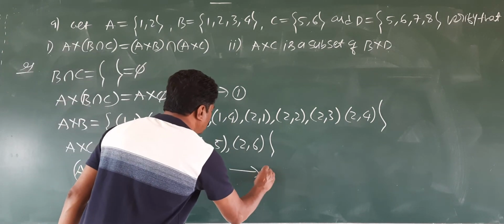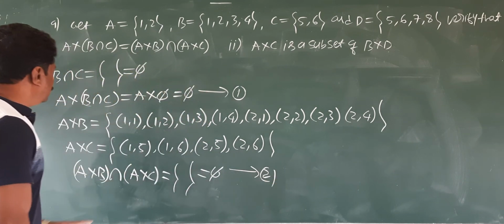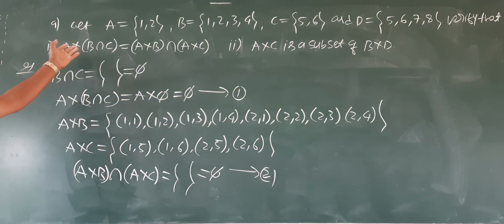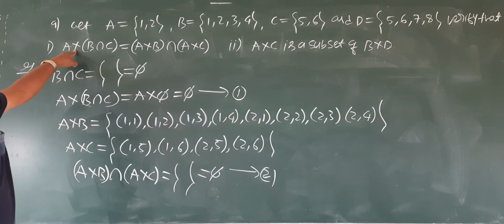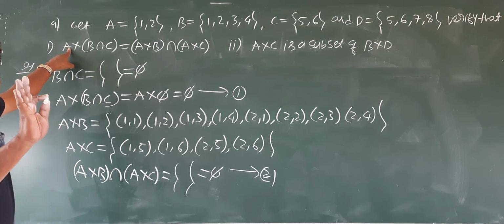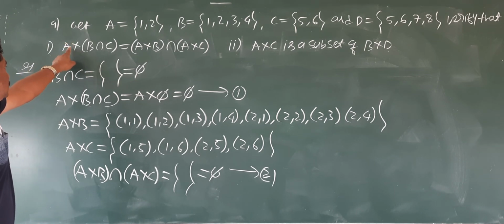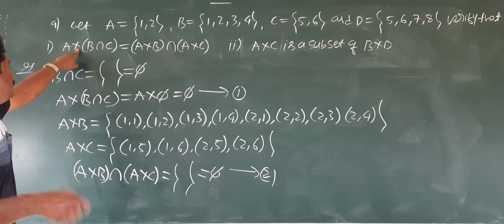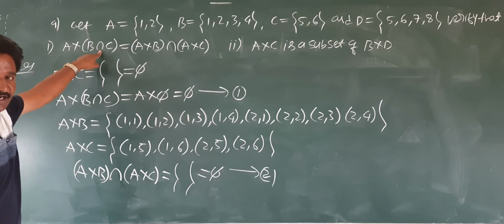So from 1 and 2, what is that law called? Distributive law. This is the left distributive law. So A cross is left distributive over intersection.